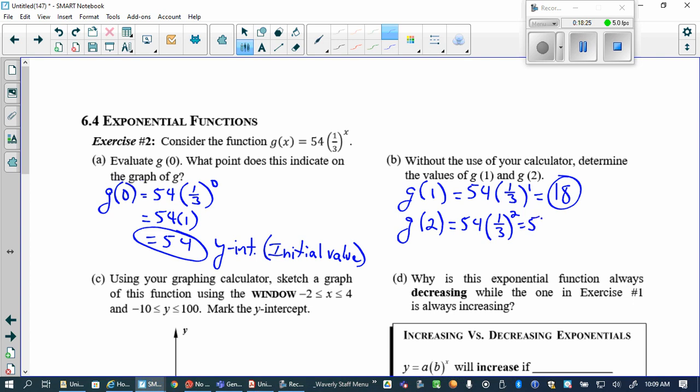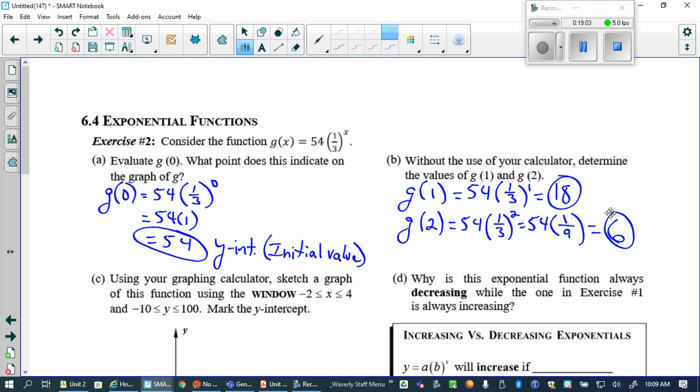What is 1/3 squared? 1 squared is 1, and 3 squared is 9. So it's 54 divided by 9, which is 6. Didn't you tell me that's 18 divided by 3? See how it all connects there? 9 times 2 is 18.